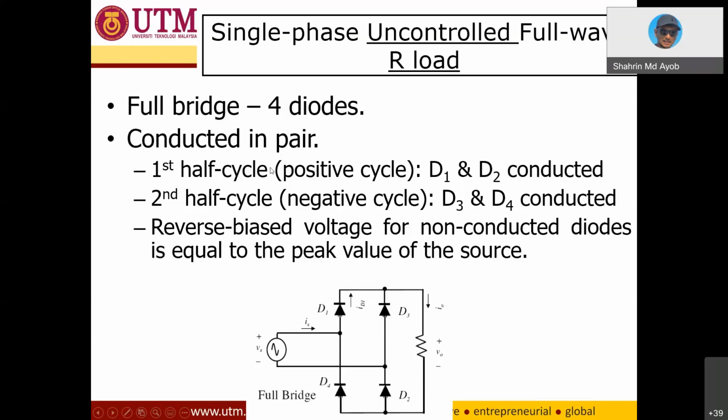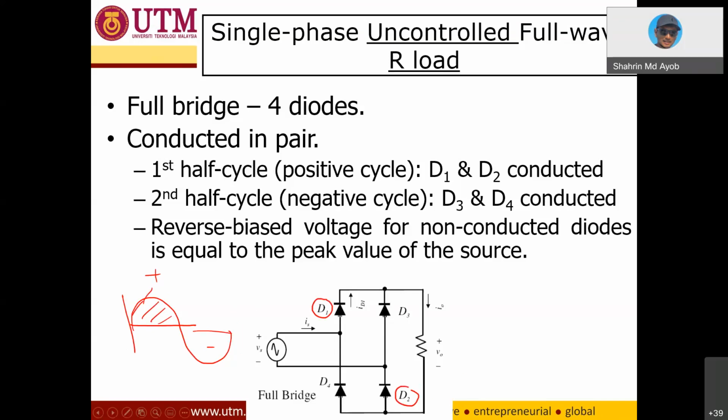For example, for the first half cycle, which is the positive cycle, the voltage source has a positive and a negative cycle, right? This one is the positive and this one is the negative cycle. In the positive cycle, D1 and D2 will conduct.